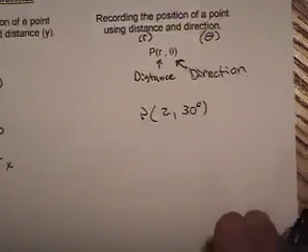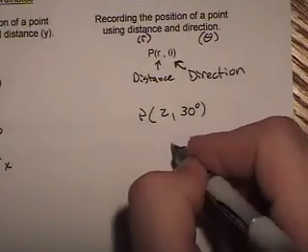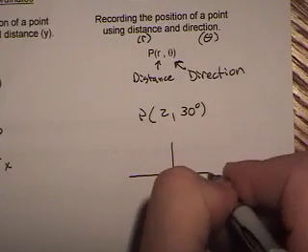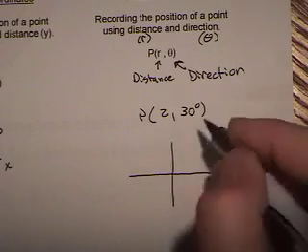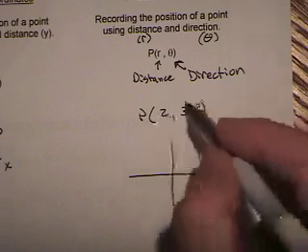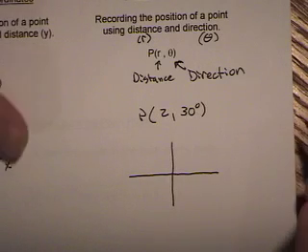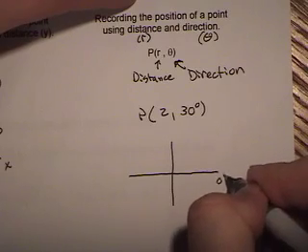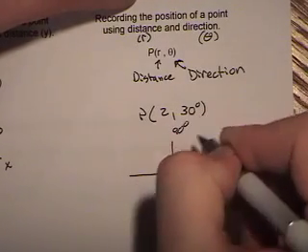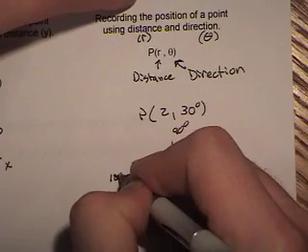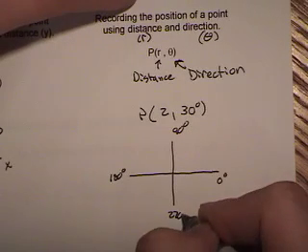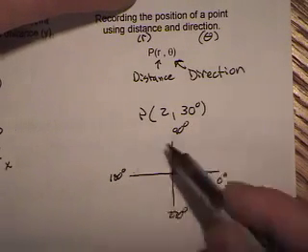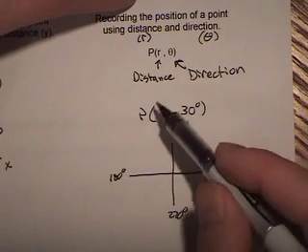To do a polar graph now, we start with the angle. The angles are just like your unit circle, everything we were doing in chapters 5, 6, and 7. This is 0 degrees, 90 degrees, 180 degrees, and 270. So that'll take care of the angle. Now the r value.